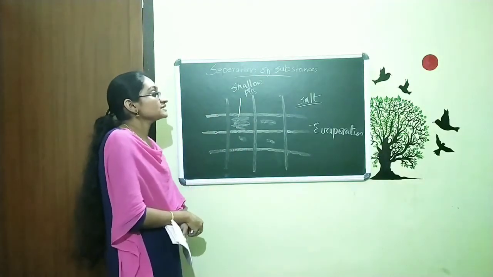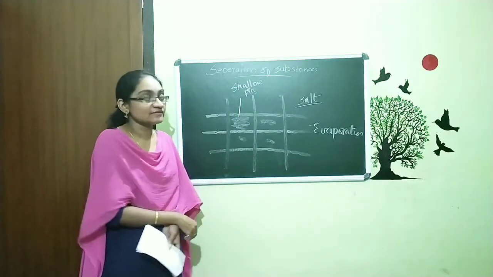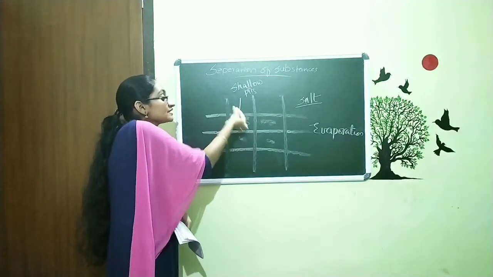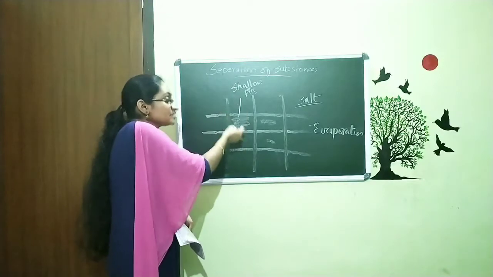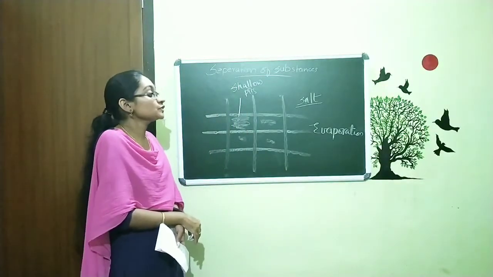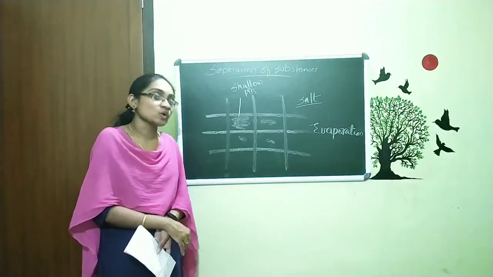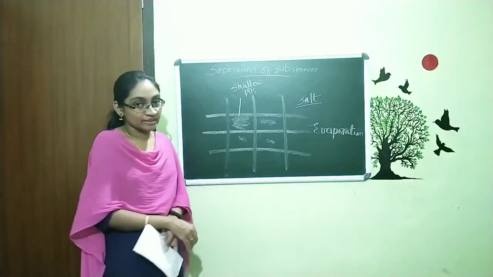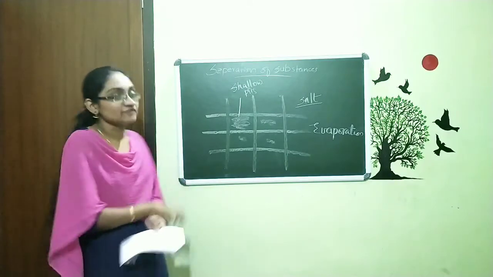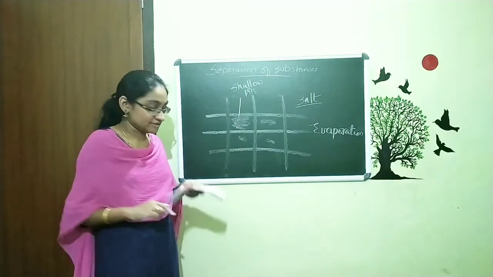This is what happens in the process of separation of salt from seawater. And I already said that the final product we get from the evaporation is a mixture of different types of salts, and we want to do some sort of purification methods, and after that we use it as common salt for our cooking. So this is all about the separation of salt from seawater. In your textbook, this is explained and you can read it.